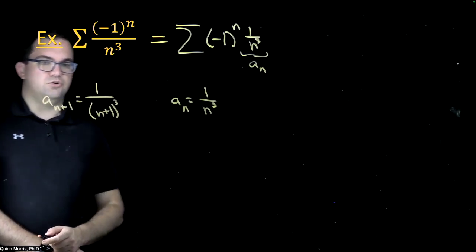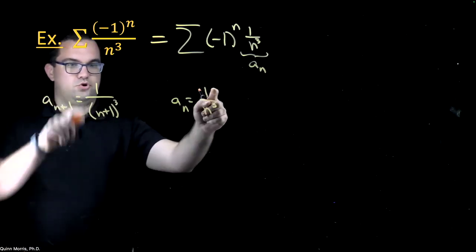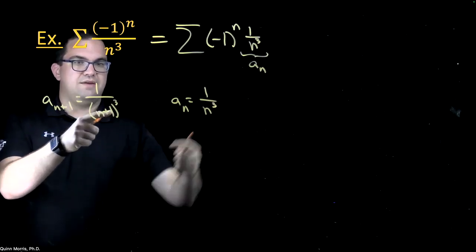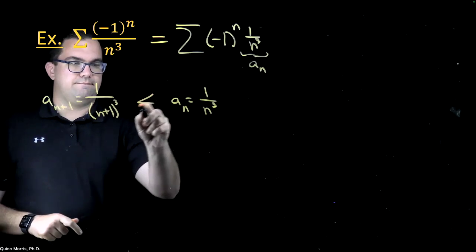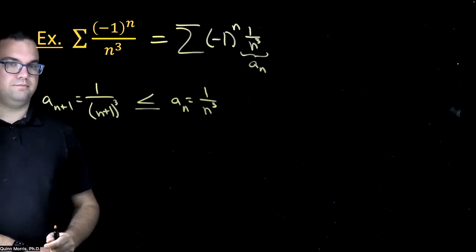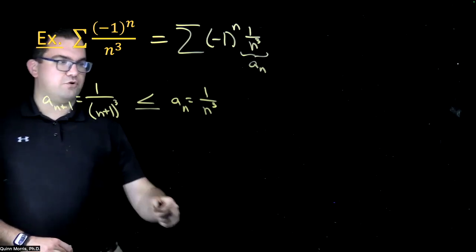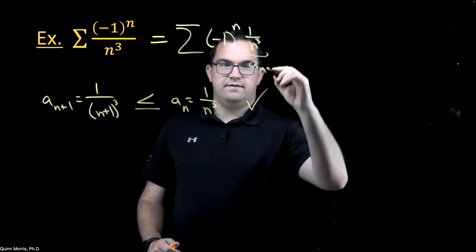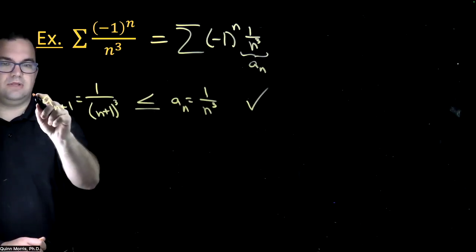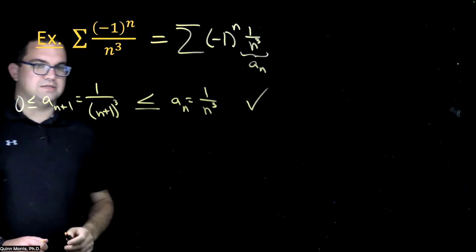Well, if I look at these two, the numerators are the same. This has a bigger denominator, so that one certainly has to be the smaller one. So our first condition is met, which is that the sequence is decreasing, and certainly all of these are always positive.